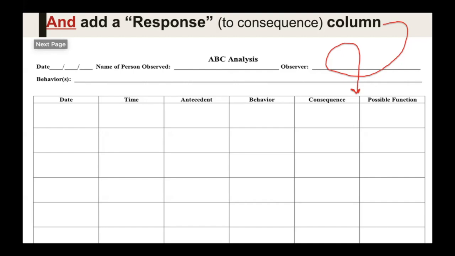There's other forms that are asking you to look at in time for 20 minutes, what were all the antecedents, behavior, and consequences. We used to do an activity in this class on a sitcom, because sitcoms are all based on antecedents, behavior, and consequences, where you can analyze for 10 minutes what's happening in the comedy and kind of go crazy.